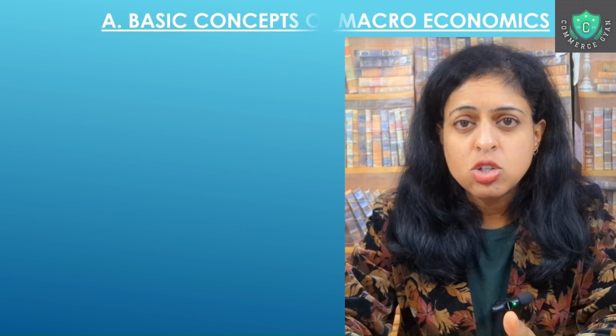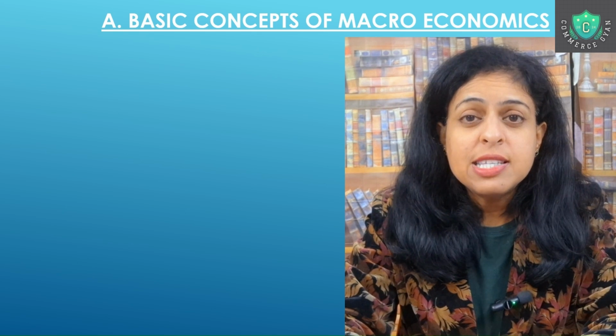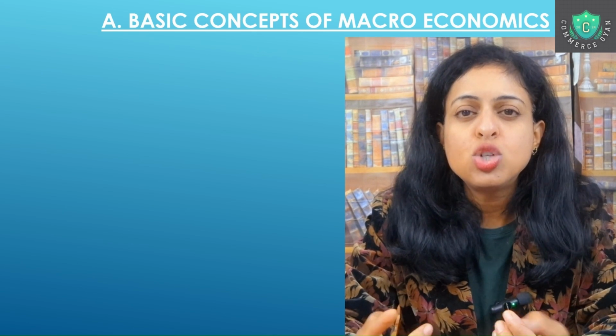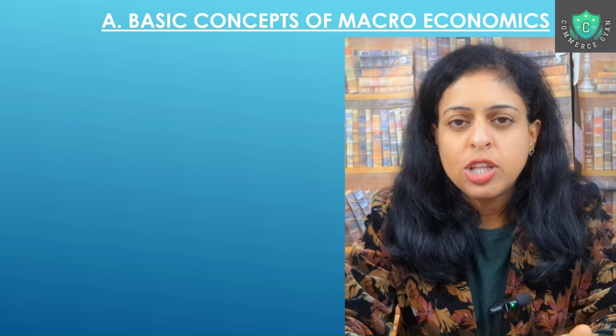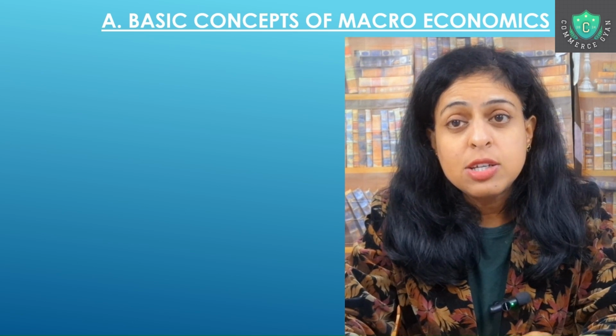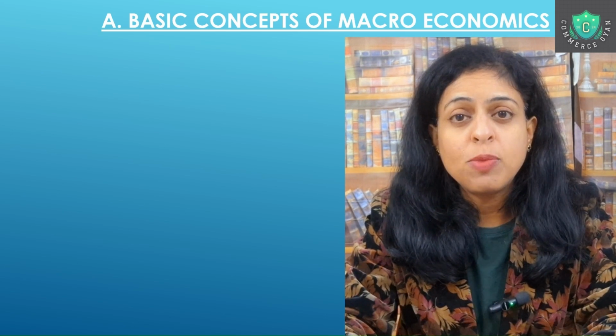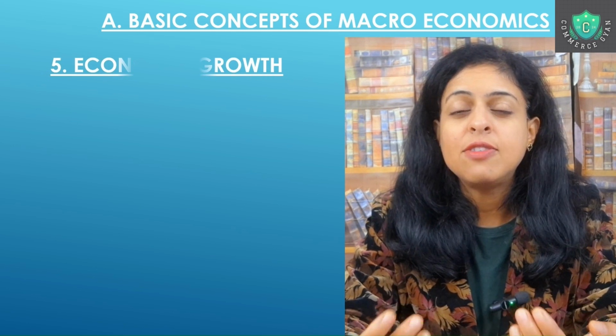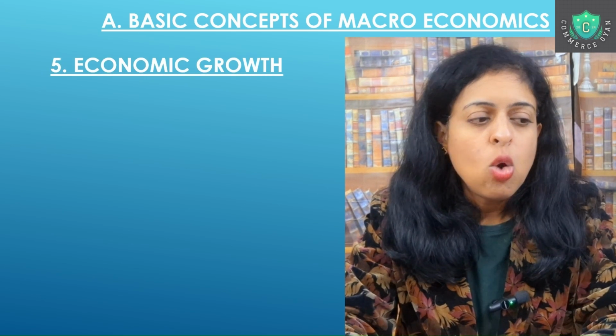And finally, we have two more terms for understanding in macroeconomics. One is what we call as economic growth. Now, often we hear that the countries like the developed countries which we have like USA and certain European countries, where we say they have a huge economic growth, even China for that matter, right? We say Chinese economy is growing, there is a lot of economic growth. Indian economy is having a lot of growth. What is this?